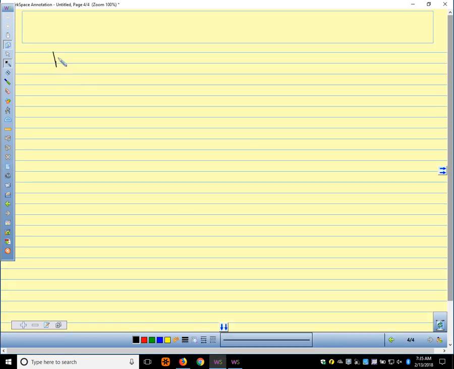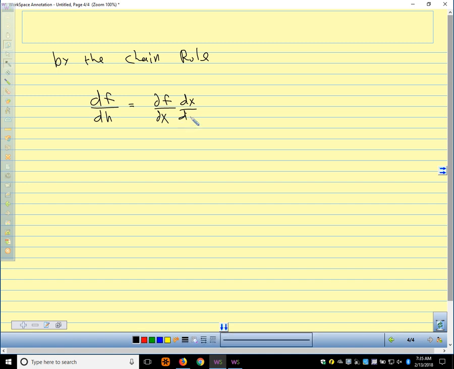By the chain rule, we can say the derivative of f with respect to h, how fast is the function changing for every unit h, is the partial of f with respect to x times dx dh plus the partial of f with respect to y times dy dh.